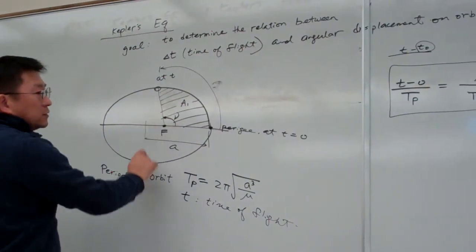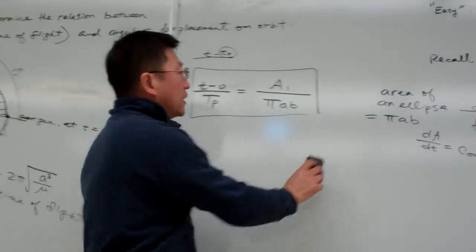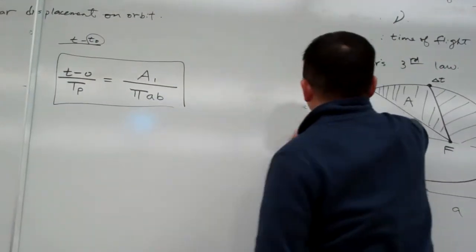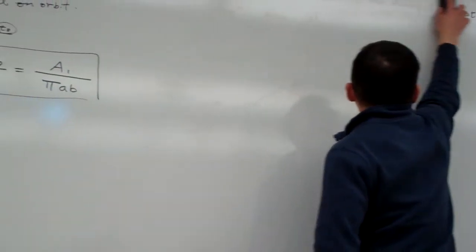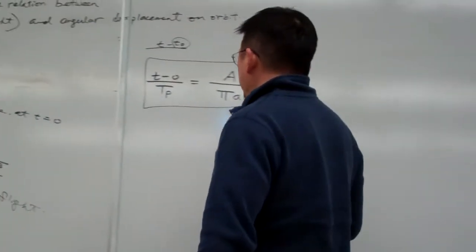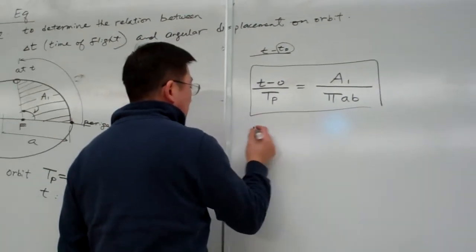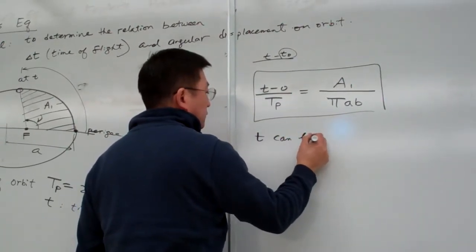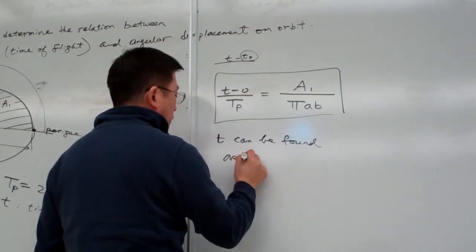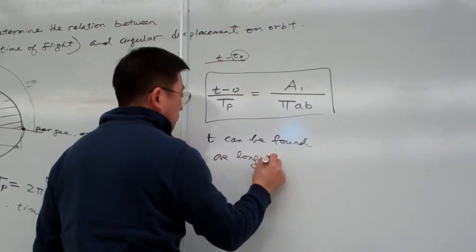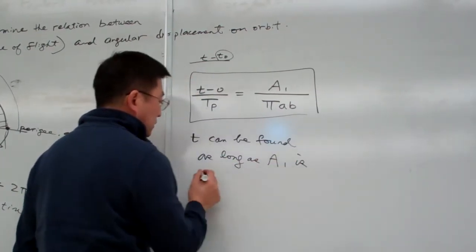Keep this one in mind, and then I don't need this anymore. Let me erase this. So that means T can be found as long as A1 is determined.